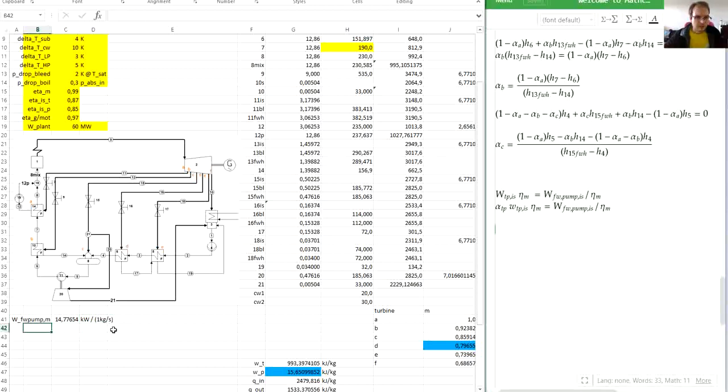So that was the work of the feedwater pump, the absolute work, and now the relative work of our turbine running the turbopump. So work, let's call it Tp, will be just the difference in enthalpies of inlet and outlet, that means 20, 21.